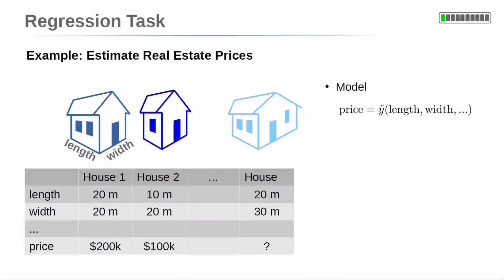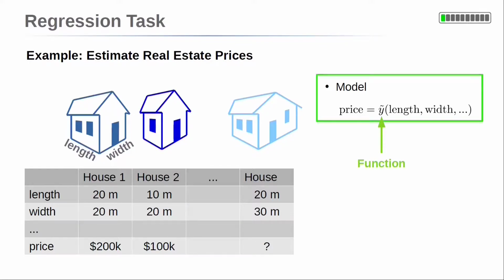So let's start with the regression task of machine learning. A simple example of regression is to estimate real estate prices. A regression model is a mathematical function which takes characteristic features of the houses into account.